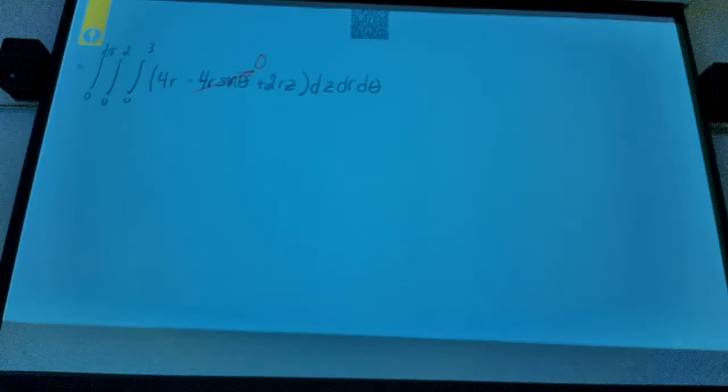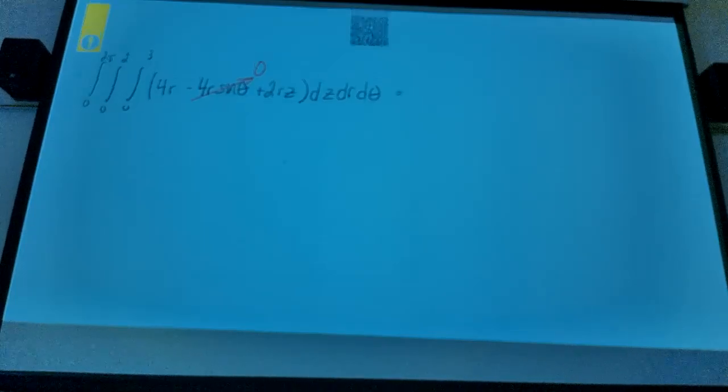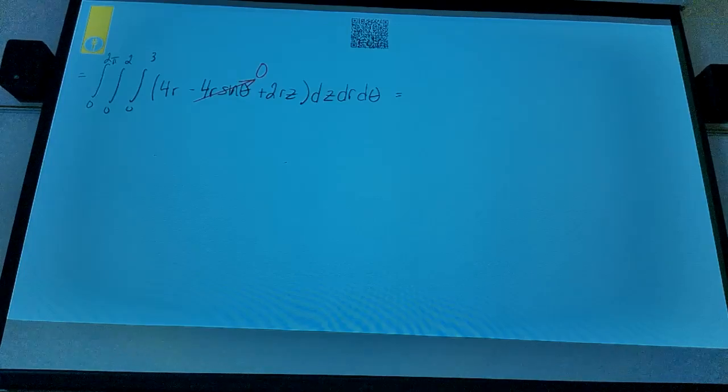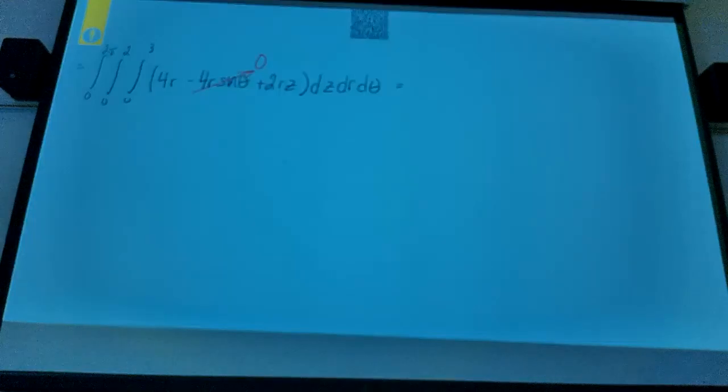That term integrates out to 0. 4r plus 2rz dz dr.